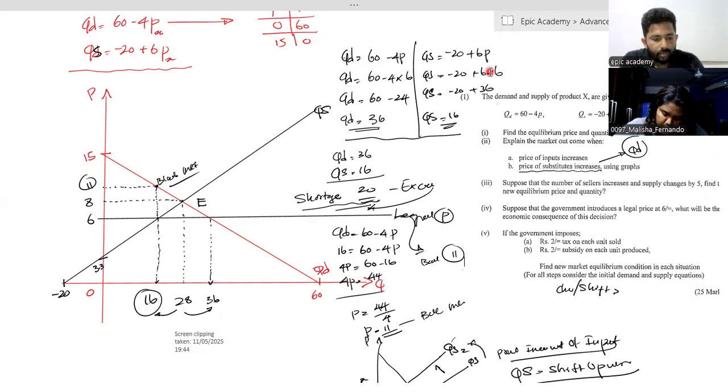Next one: because of the shortage, the value of the commodity increased.